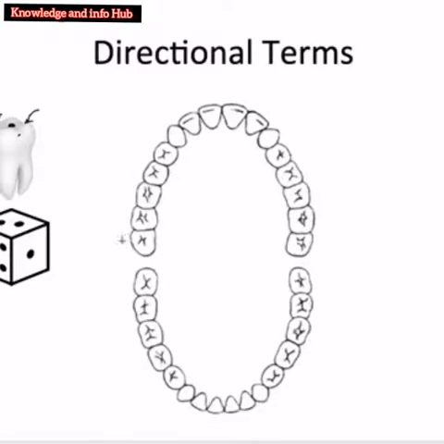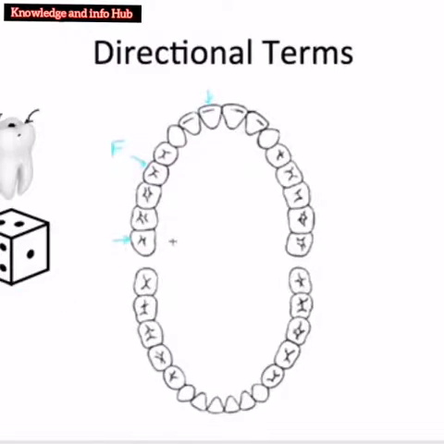So the outer surface, the surface that points out towards the face, so I'll just draw a couple arrows here. So this surface here, this surface here. These are called the facial surfaces. So the facial surface, for short, we'll say F for facial.